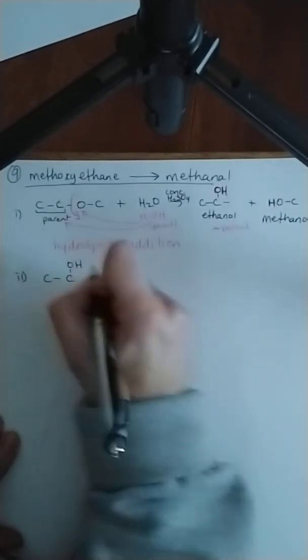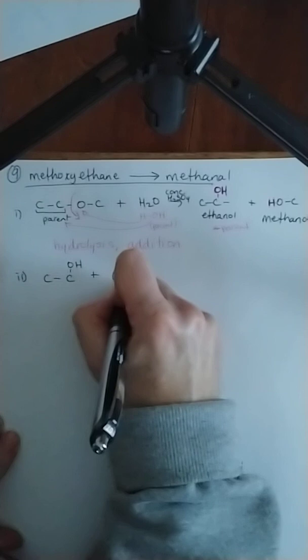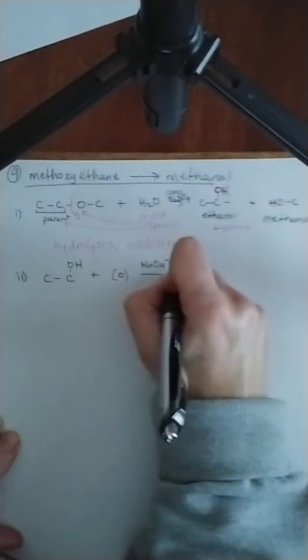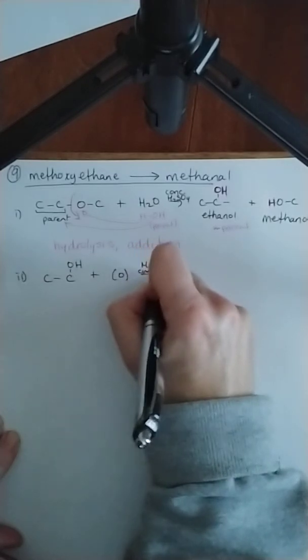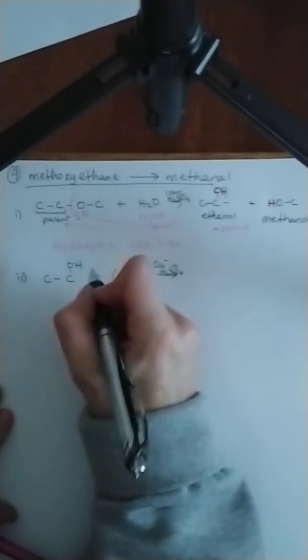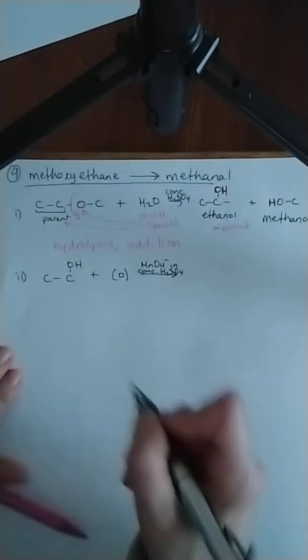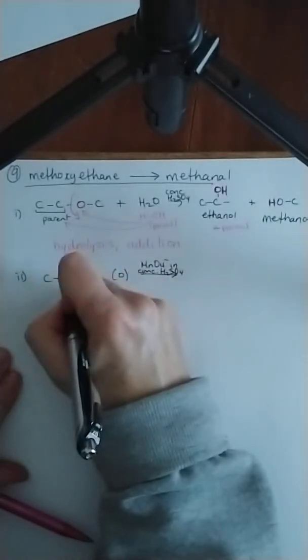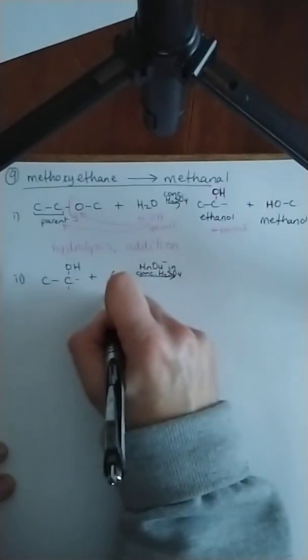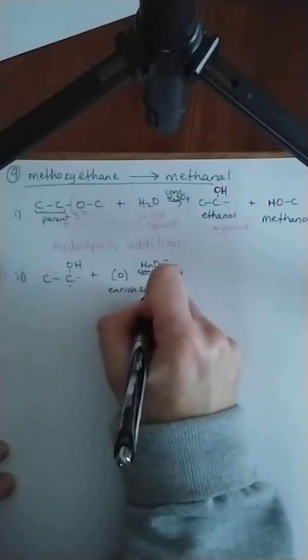Second step, we're now going to take the parent alcohol, which is our ethanol, and this time we're going to undergo a controlled oxidation. And let's use the permanganate ion in concentrated H2SO4. So here's what's going to happen: we need to make an aldehyde. The first thing we're going to do is enrich the CO bond.